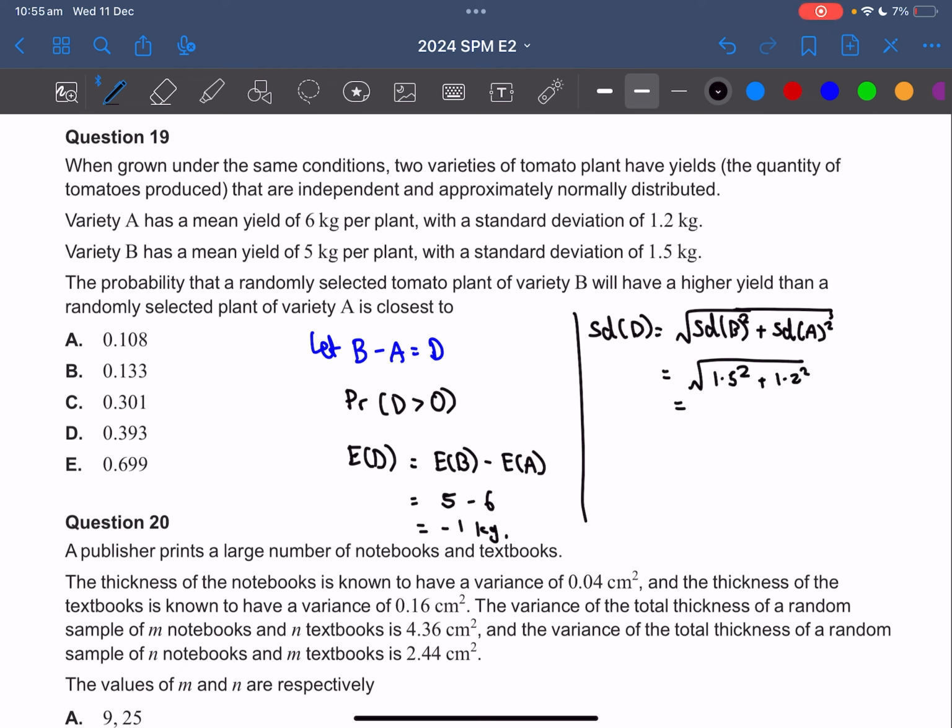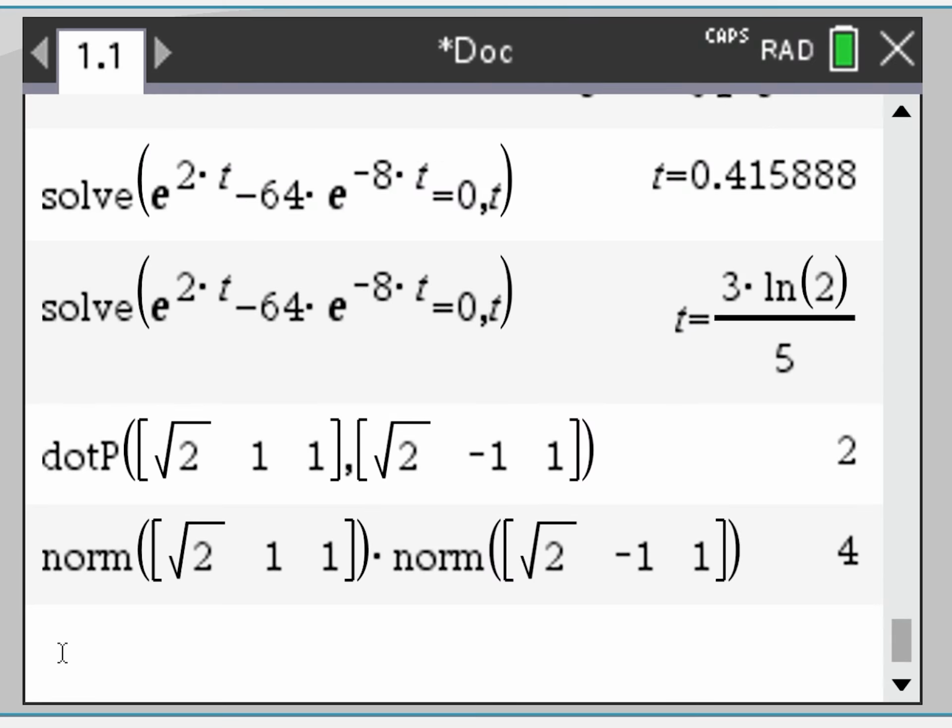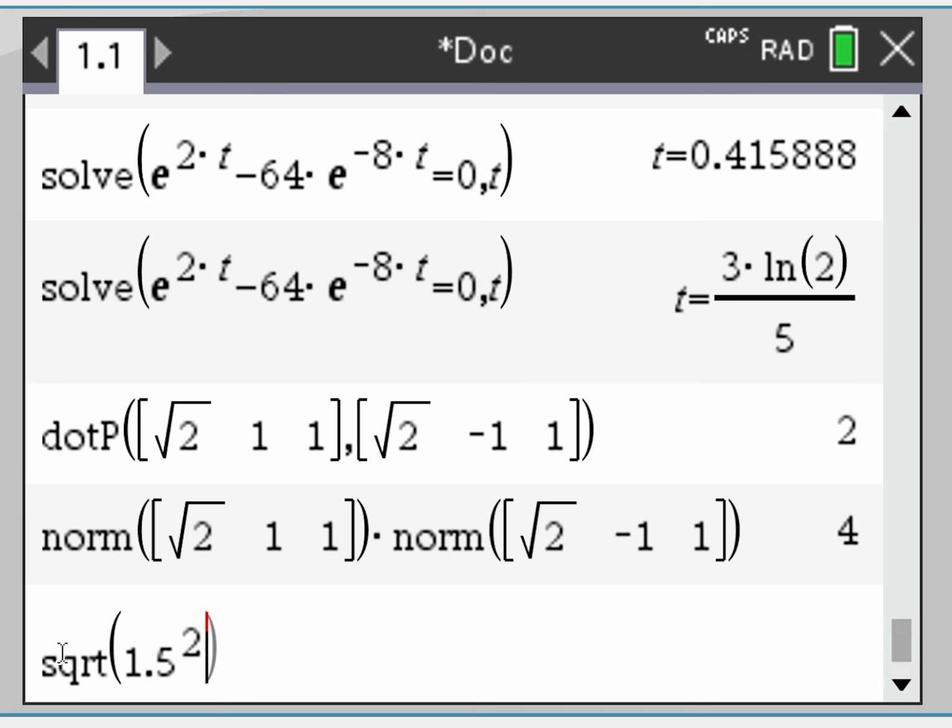Okay, so let us do the rest on the calculator. Once we have the standard deviation, all we have to do is use the normal distribution to find the probability that D is greater than 0 for the standard deviation and mean of D. Okay, so let's find the standard deviation. The square root of 1.5 squared plus 1.2 squared.